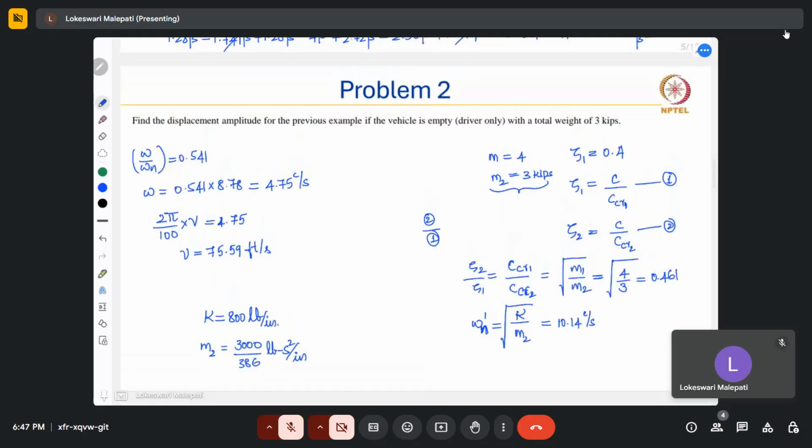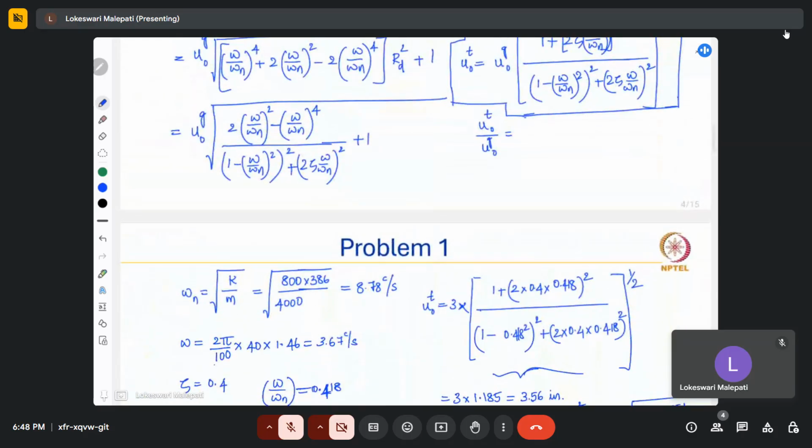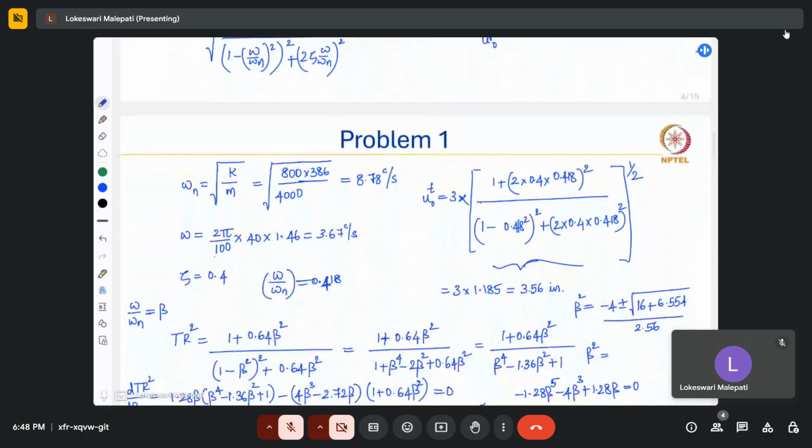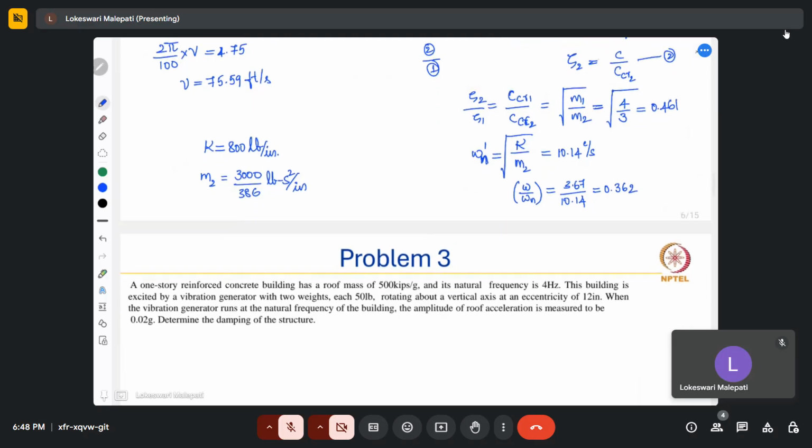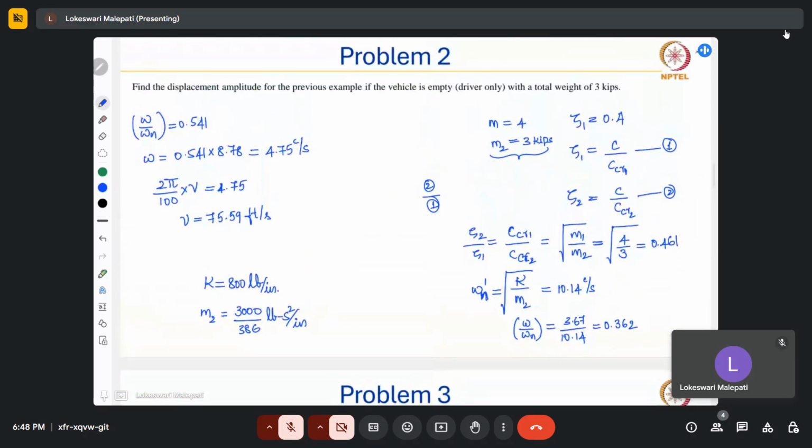So now we have the values. Let's also compute the frequency ratio omega by omega n. So the initial omega was 3.67, so 3.67 by 10.14. So that would be 0.362. So let's substitute in the transmissibility ratio equation for finding the displacement.